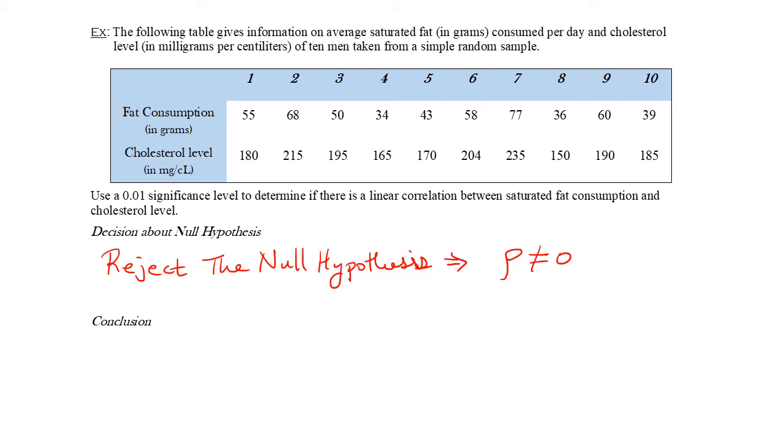So what conclusion can we make? Well, here, because it lied above the critical value on the positive side, we're going to say that there is a strong positive correlation here between fat consumption and cholesterol level.